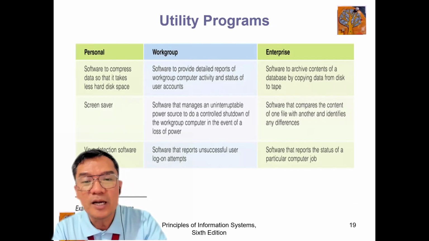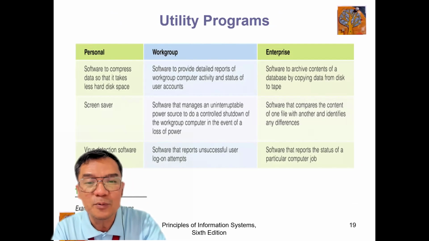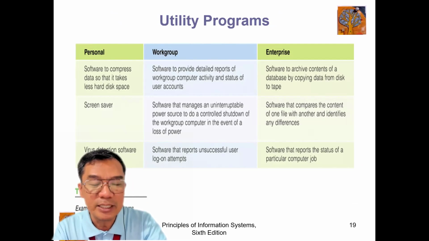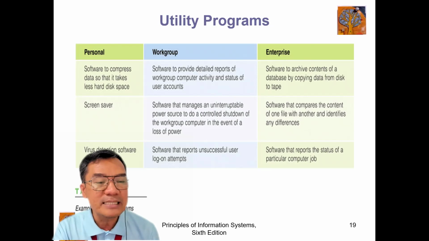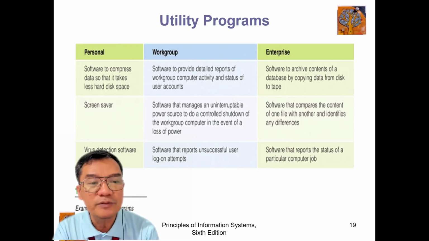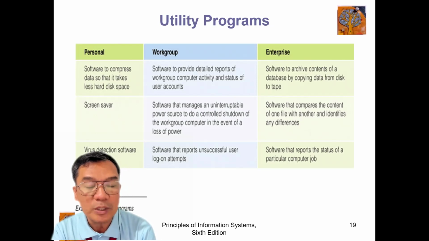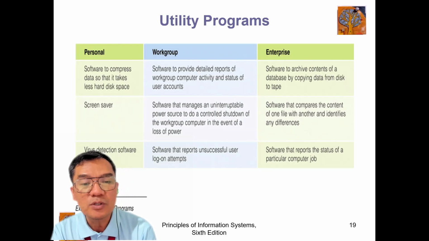A utility program is embedded within your system software so that your system software functions as intended by the user. For example, at a personal level, software to compress data so that it takes less hard disk space is part of the personal utility programs, while workgroup software provides detailed reports of workgroup computer activity and status of user accounts.